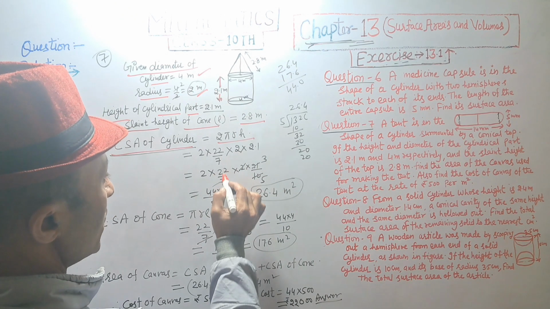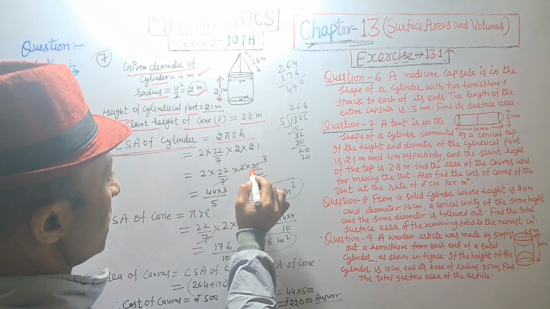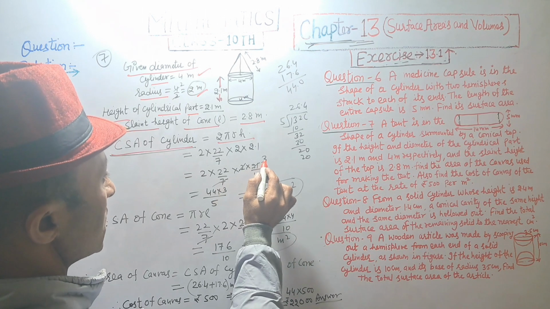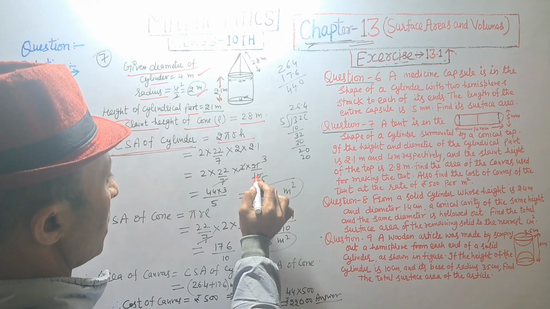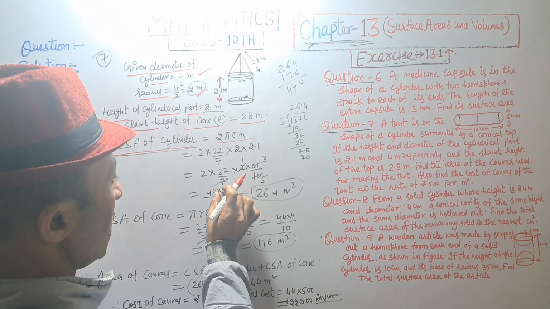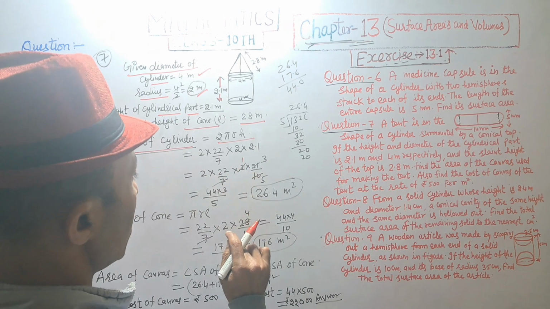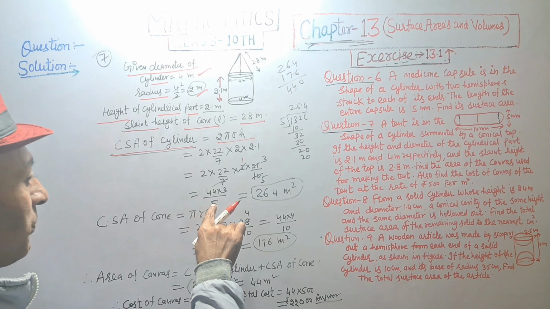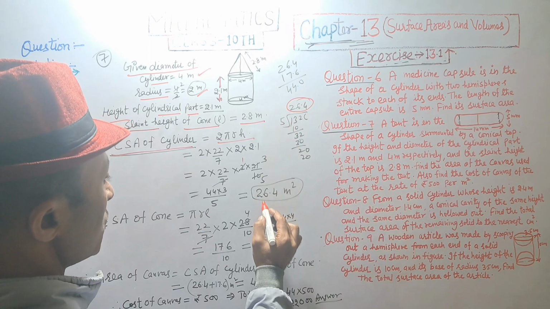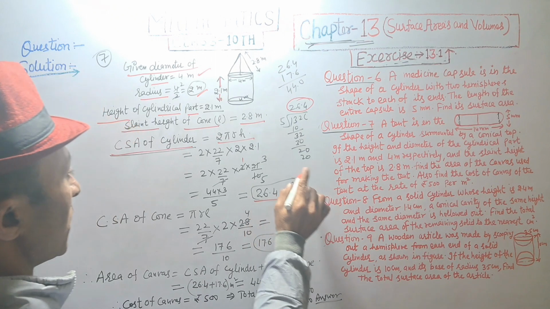We get 2 into 22 upon 7 into 2 multiply by 21 upon 10. 7 3s are 21 and 5 2s are 10, 2 1s are 2. We get 44 multiply by 3, that is 132 divided by 5, that is equal to 26.4 meter square.